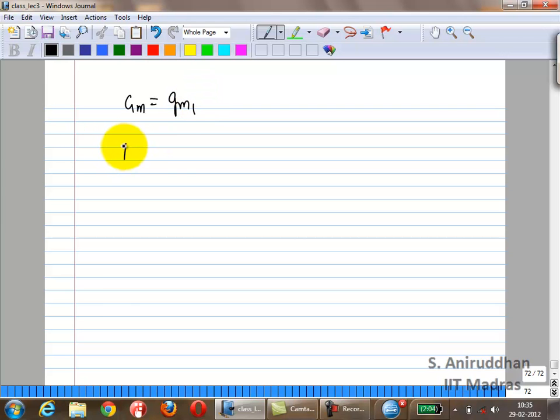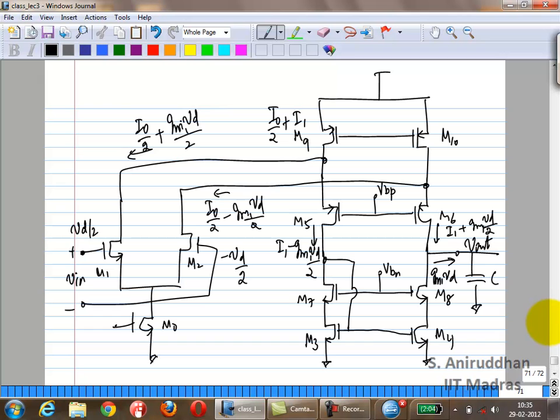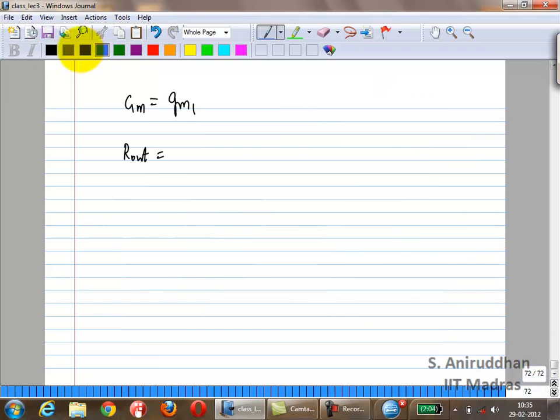What is R out? Right, you have two components, looking up and looking down. What is R out P?